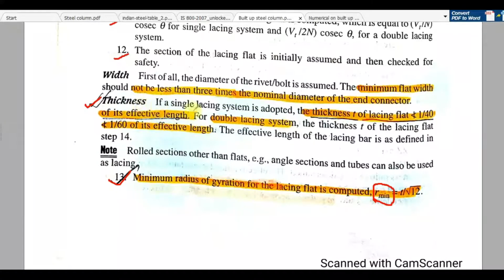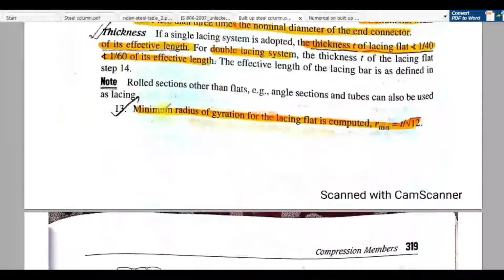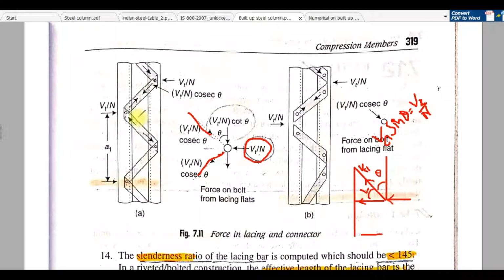So now let us find this effective length of the lacing bar. Same thing you have to do from this triangle. On this triangle, this angle is theta, so this angle is also theta, and you have to find this distance from this point to this point. This will be the height of this triangle and this will be the hypotenuse.